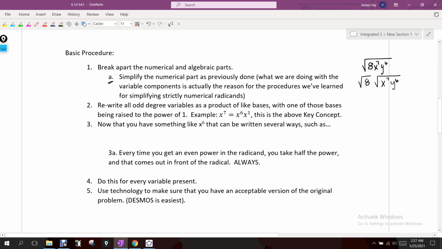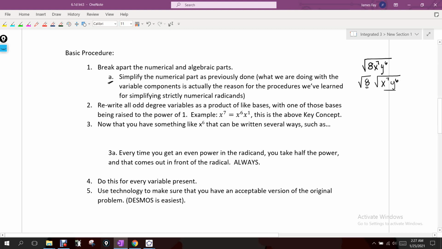What we're doing with the variable components is actually the reason for the procedures we've learned for simplifying strictly numerical radicands. So what we're going to do with these variables is exactly what we've been doing with this radical 8, looking for perfect squares that divide 8.